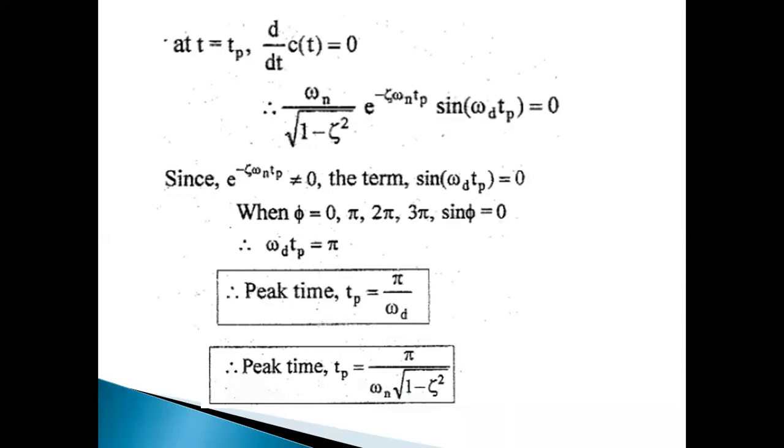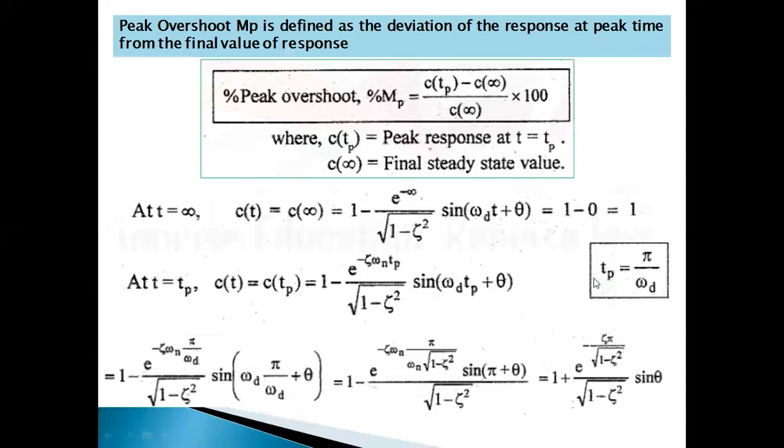Okay, so please note down this. That is peak time. Next, coming to peak overshoot. Peak overshoot, Mp, is defined as the deviation of the response at peak time from the final value of the response.